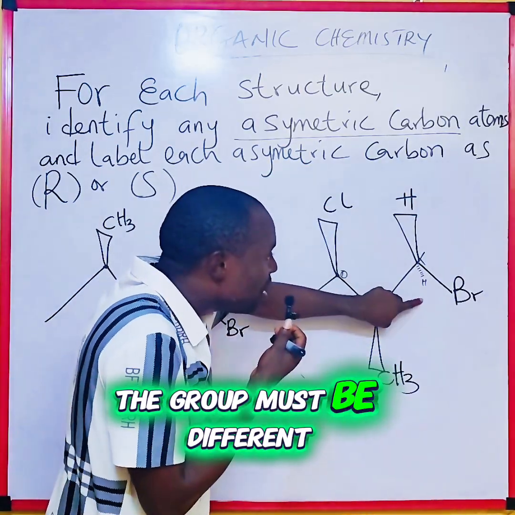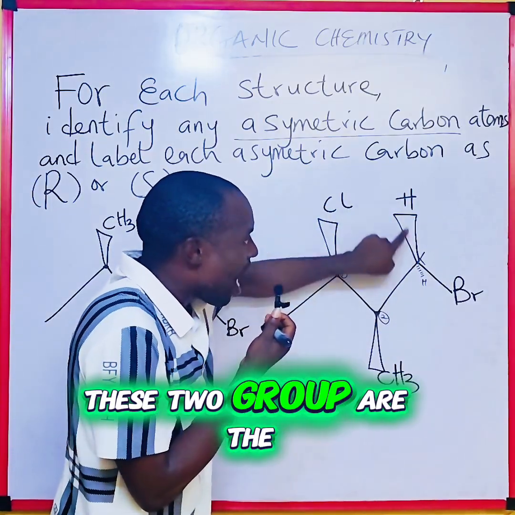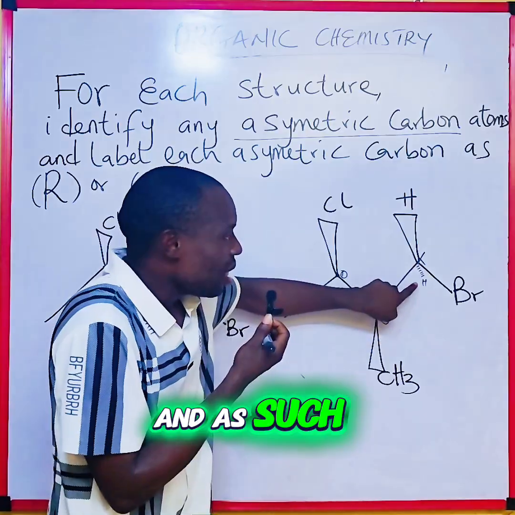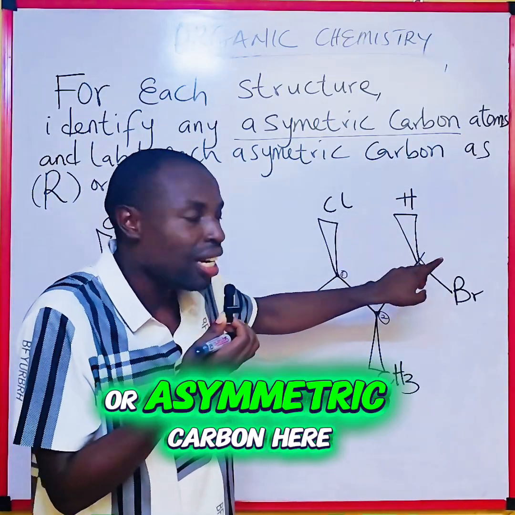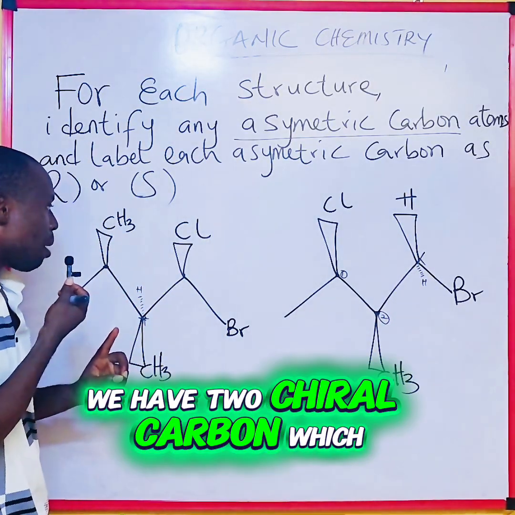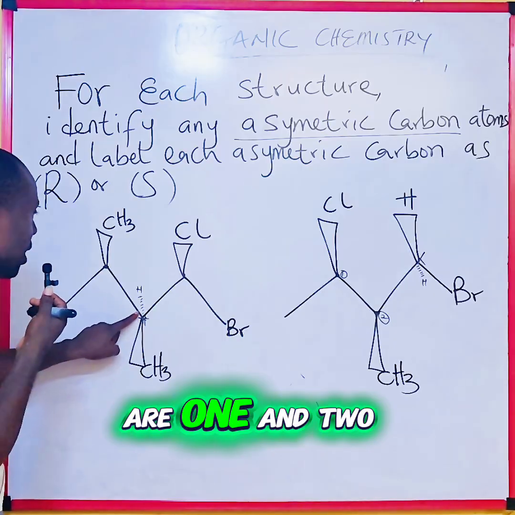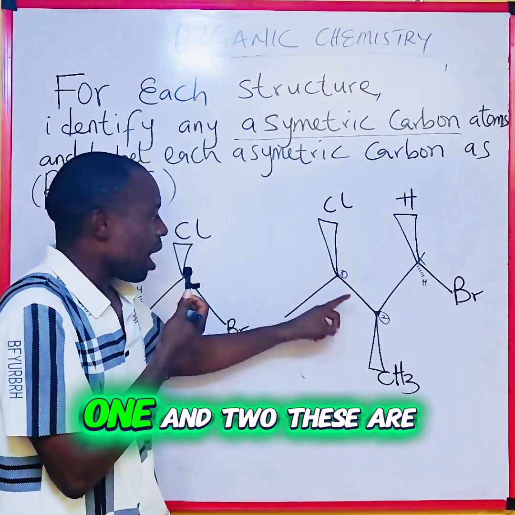In this carbon here, these two groups are the same, and as such there is no chiral carbon or asymmetric carbon here. So for this molecule, we have two chiral carbons, 1 and 2. For this other molecule, we have two here, 1 and 2.